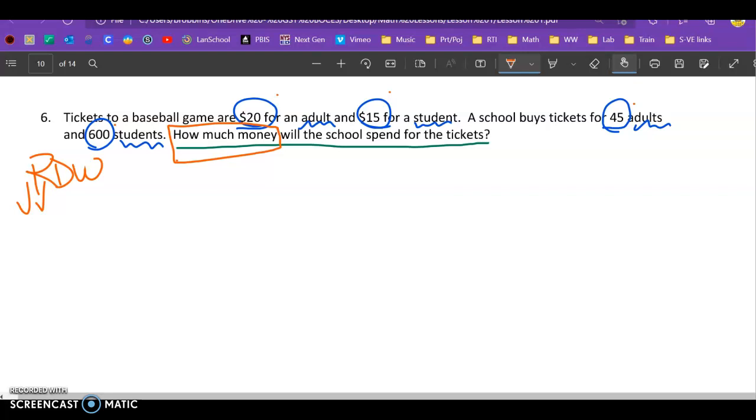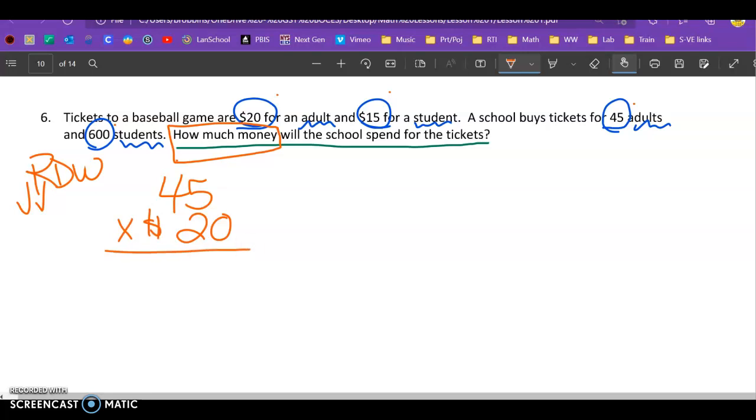So let's go ahead and think about this. There's going to be 45 adults and it's $20 per adult to attend the game. We can multiply those together.